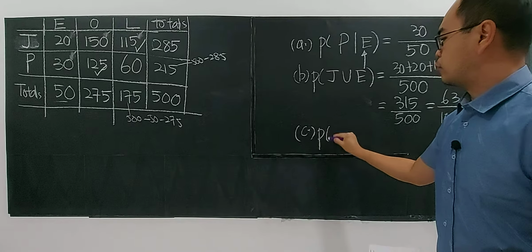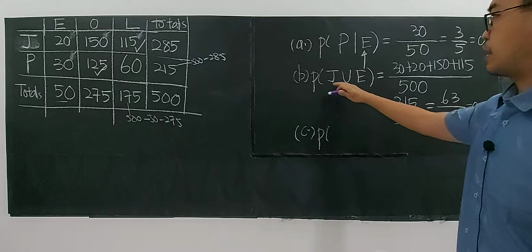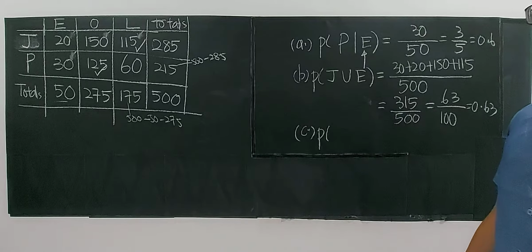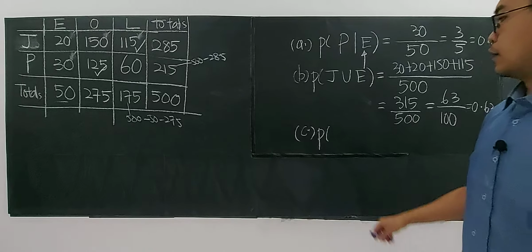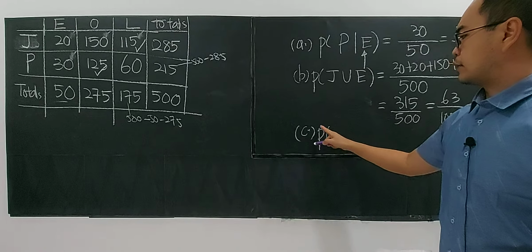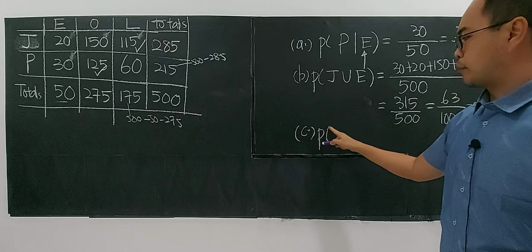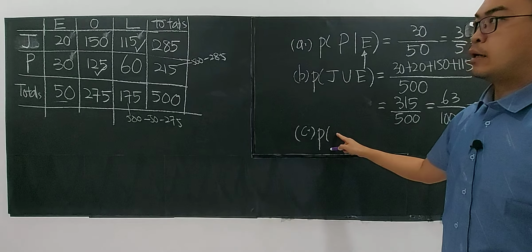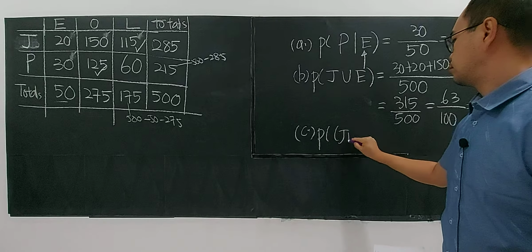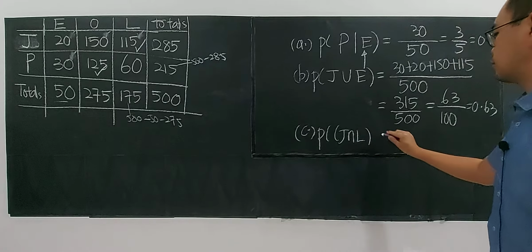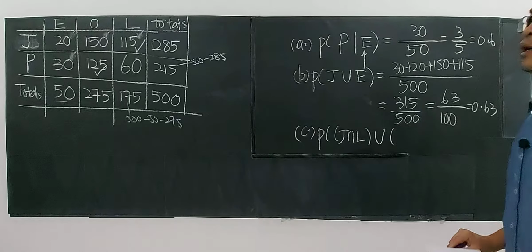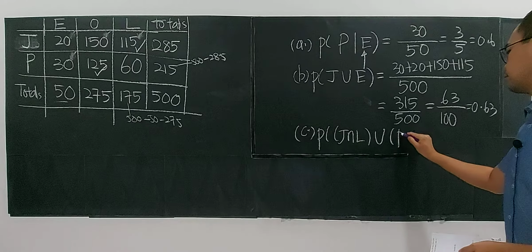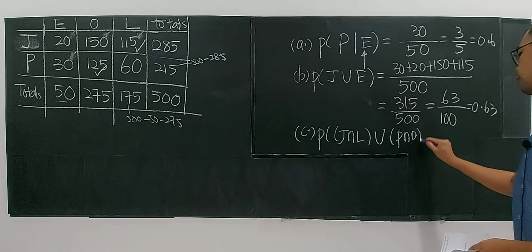or if you are very familiar with mathematical symbols, set notation, you can write it as the probability of Johor and arrive late, union Pulau Pinang and arrive on time, right?